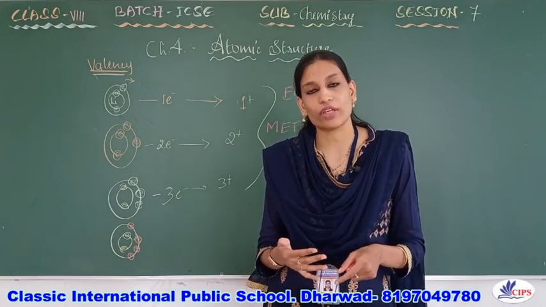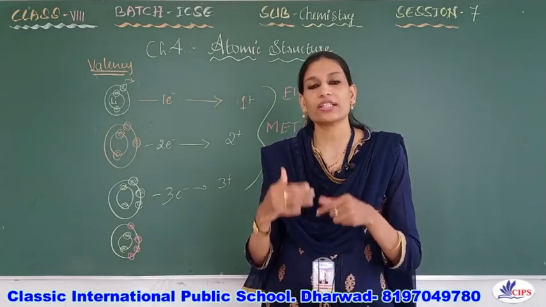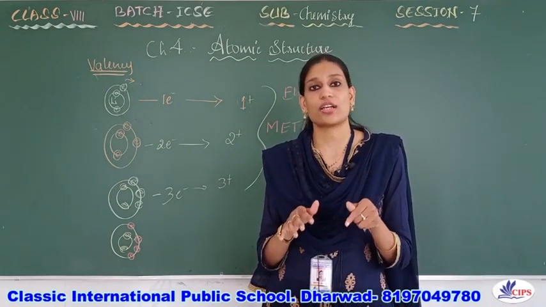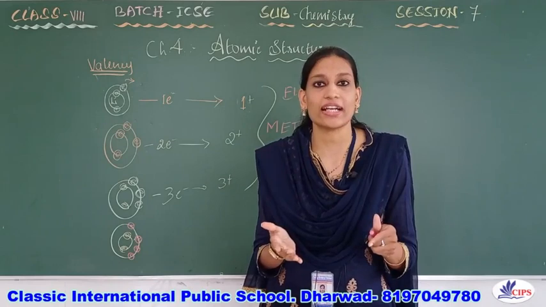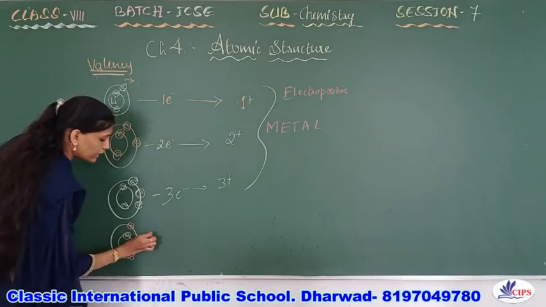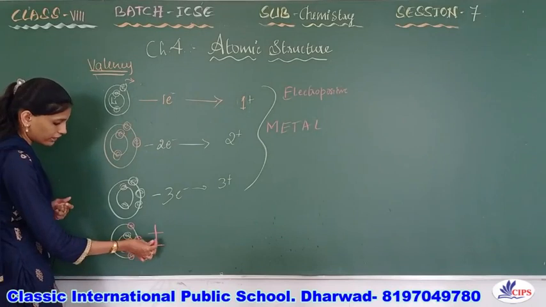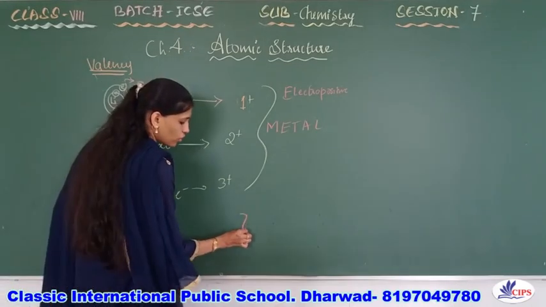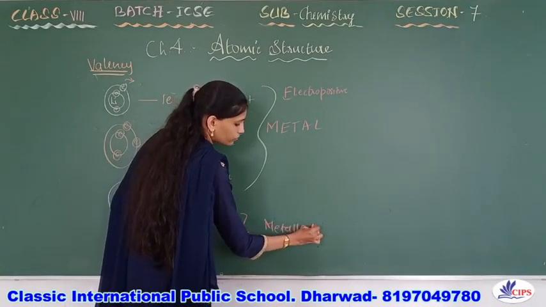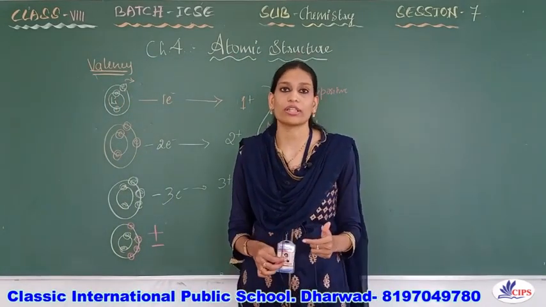So at this point, this atom can share. Yes, it can either take the electrons or it can lose the electrons. Such atoms which share the electrons, we call them metalloids.